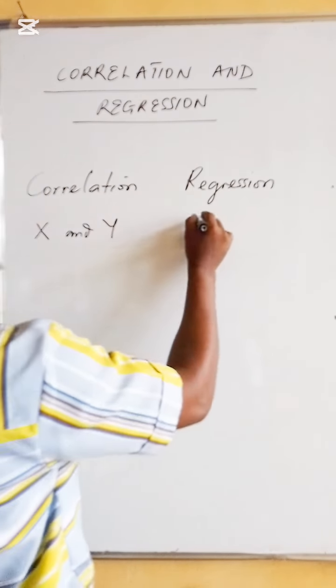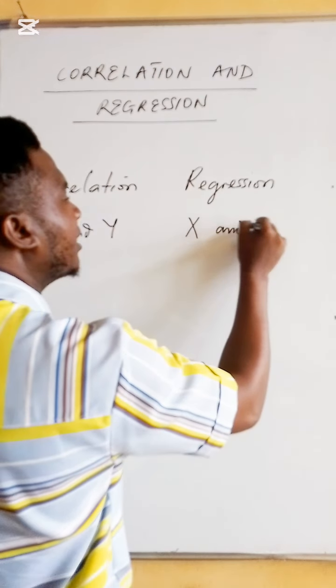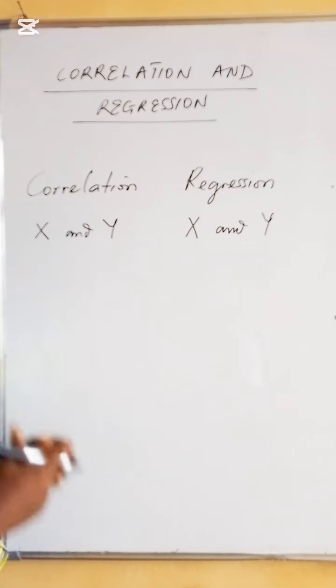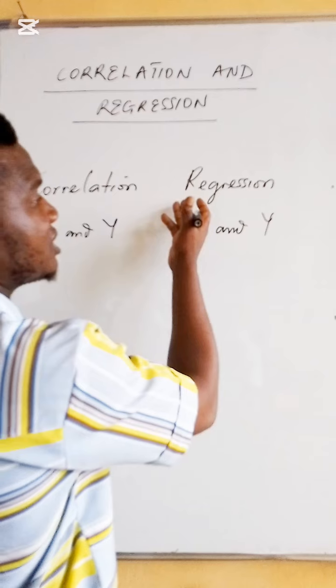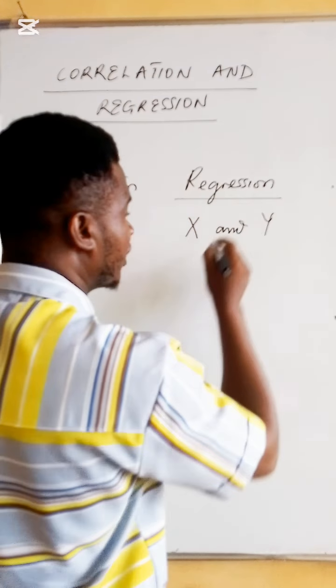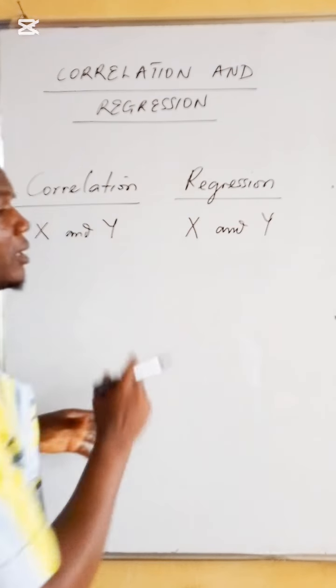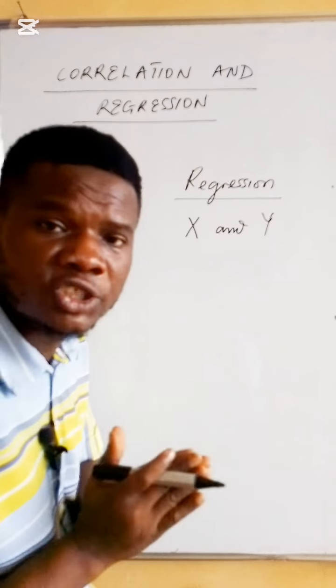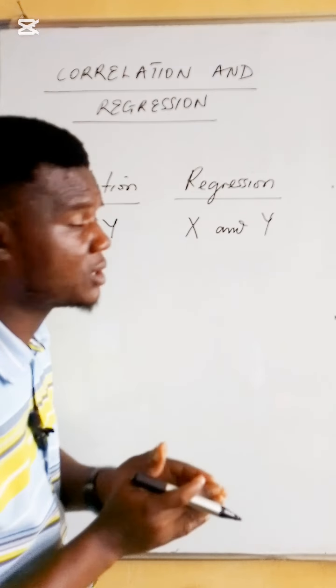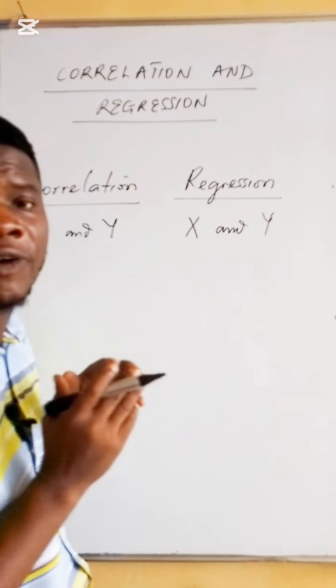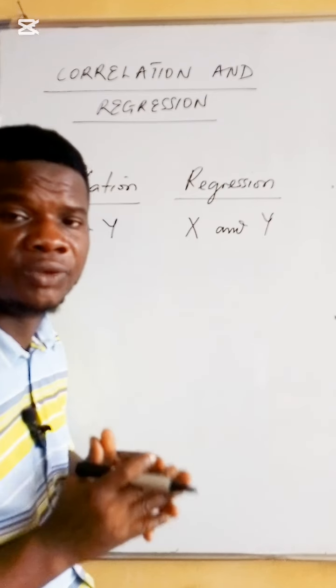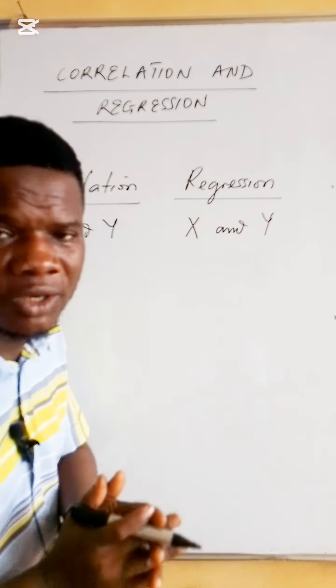However, if we seek to model the relationship between x and y, we would be discussing the concept of regression. Okay? So, correlation talks about the relationship between x and y in relation to the strength or the weakness of the relationship, using a correlation coefficient.